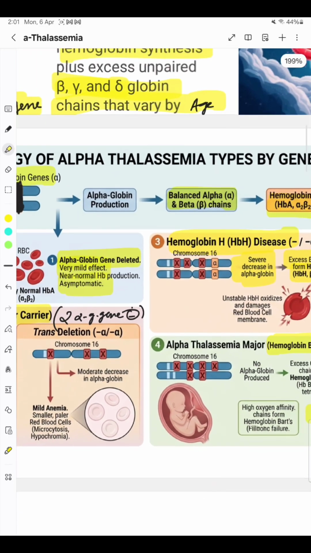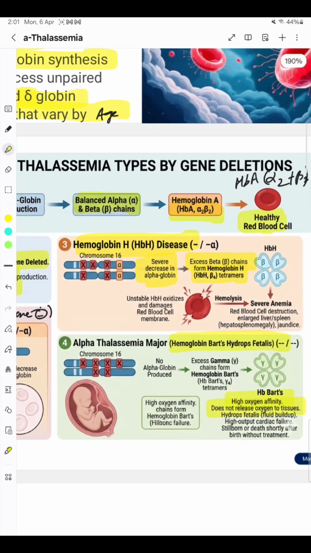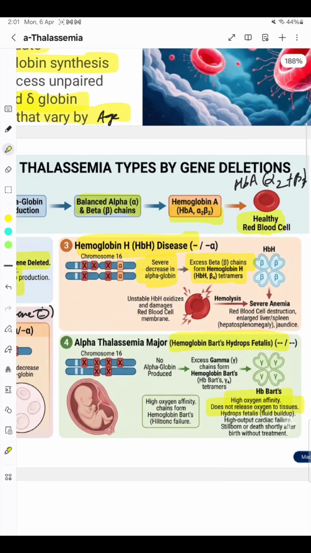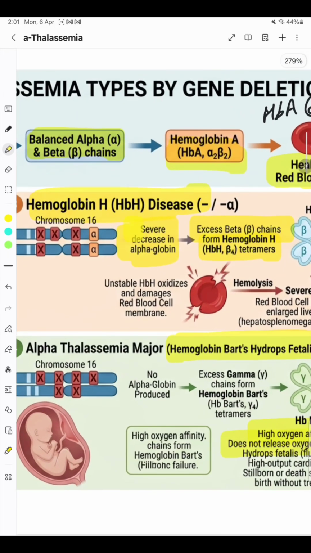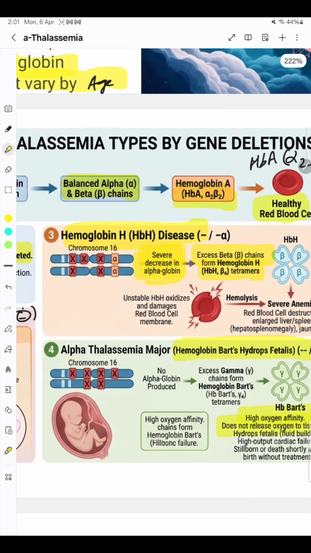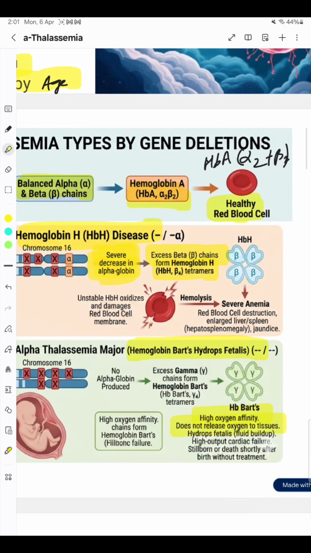Third condition is when 3 alpha globin genes are deleted, known as hemoglobin H disease or HbH disease. In this condition, there is a severe decrease in the alpha globin chain, and due to decreased alpha globin chain, there is excess of beta globin chain.